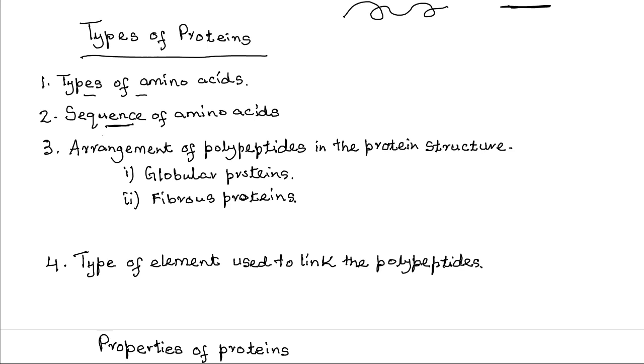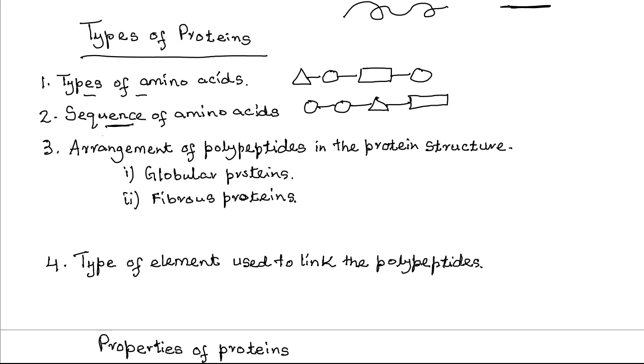Now you may have the same types of amino acids in 2 different chains. For example, if we use this figure, let's say in type 1, you have this sequence of amino acids, and then in another chain, we have a totally different sequence but of the same types of amino acids.